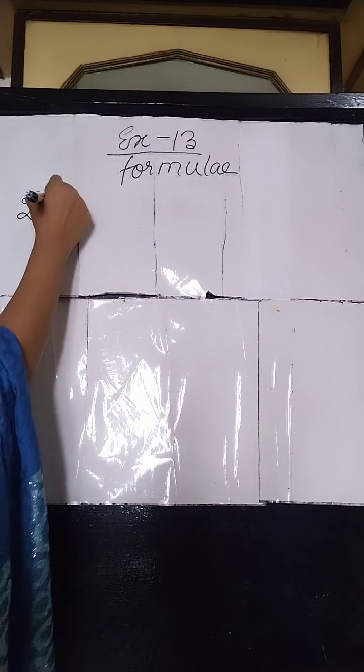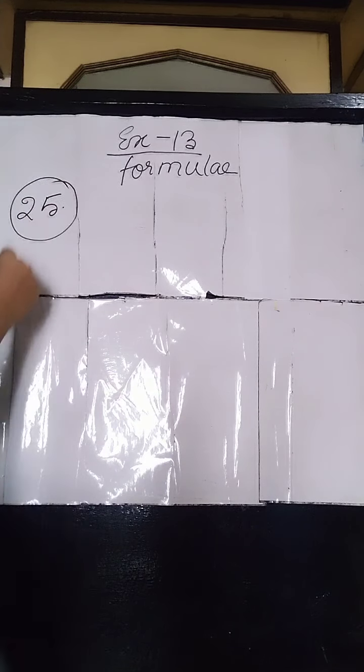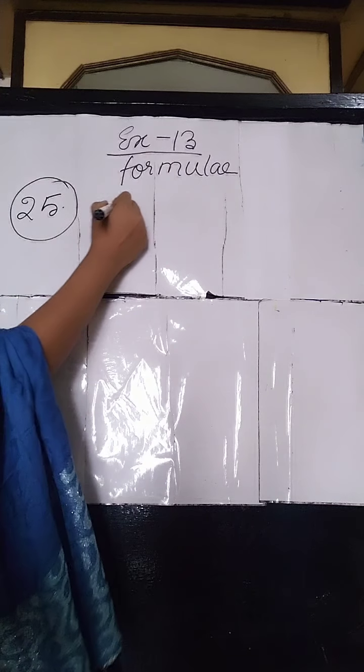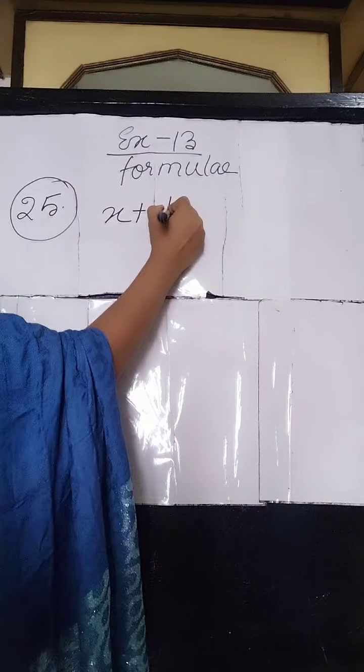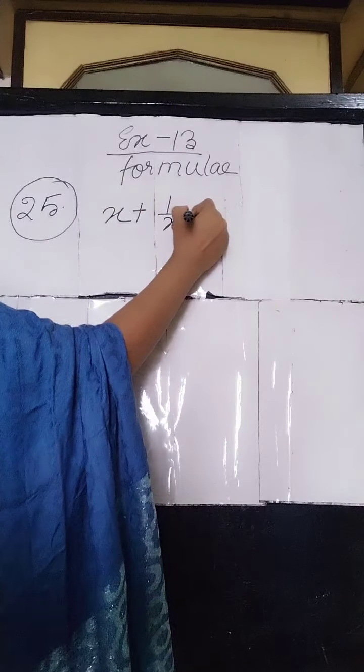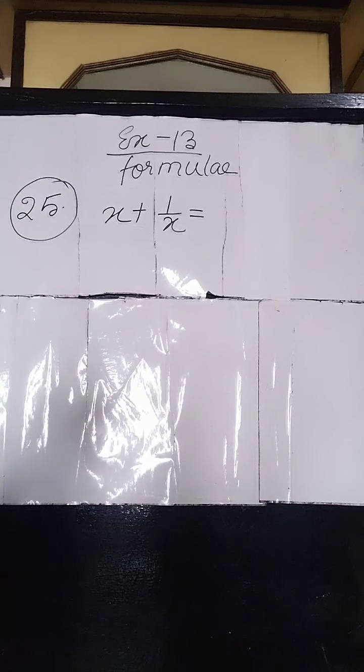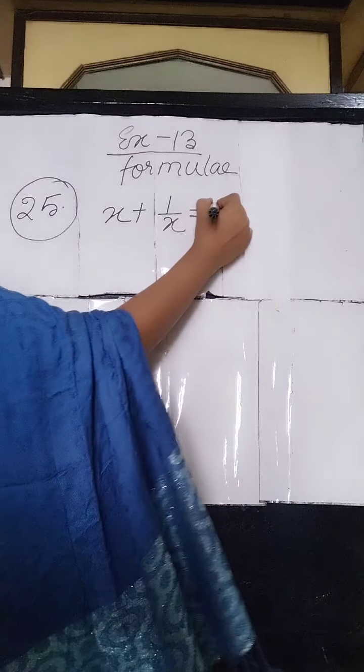Let's do sum number 25 first. In sum number 25 it is given that x plus 1 by x, the value of x plus 1 by x is given in the book, that is equal to 5.